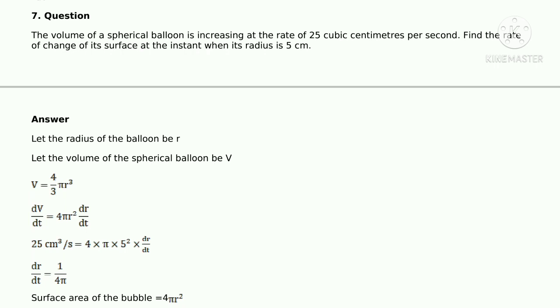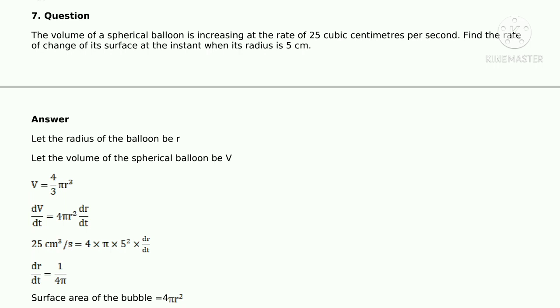The spherical balloon, so directly we can identify that the shape is a sphere. So the volume of the sphere we need here. If we consider the radius is r and the volume is v, then the volume of a sphere, formula directly we can write, v equals 4 by 3 pi r cube.